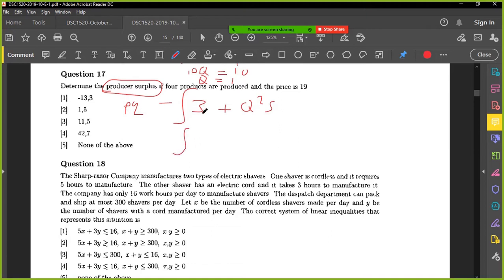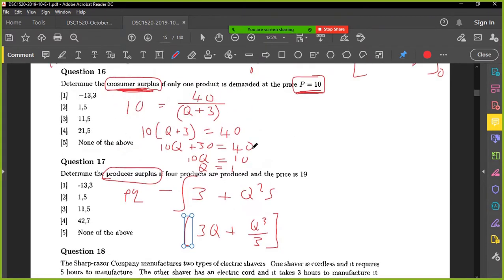Well, this would be 3Q, and then this will be add 2, hey? So 2 plus 1 is 3. So Q3 over 3. And then from, it should be 0 to Q again. So you'd have to substitute Q in.